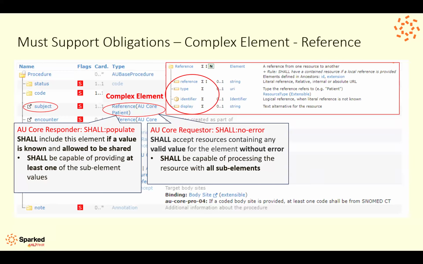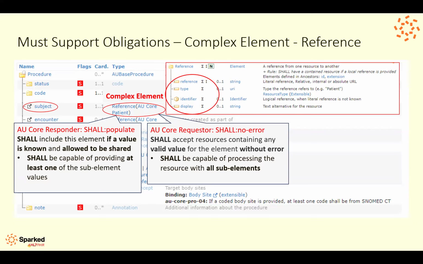So if you do it as a downstream profile and you say that the reference sub-element is must support, then yeah, you are now stating something that is more tight than what AU core does.